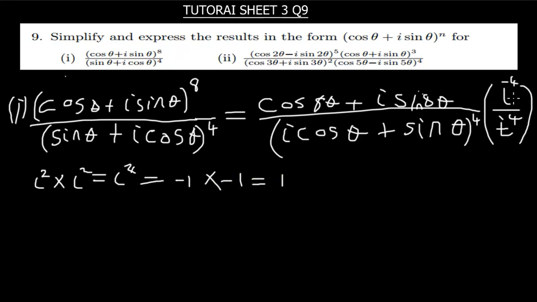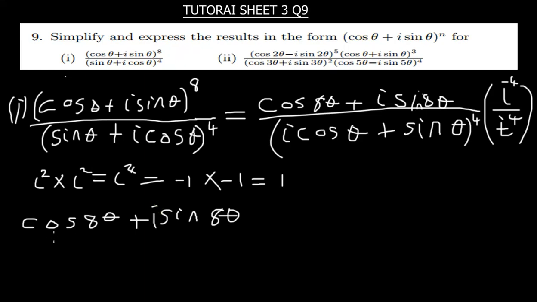So multiplying i to the power 4 with everything on top is just the same as multiplying 1 times everything, which gives you the same thing again: cos 8 theta plus i sine 8 theta.